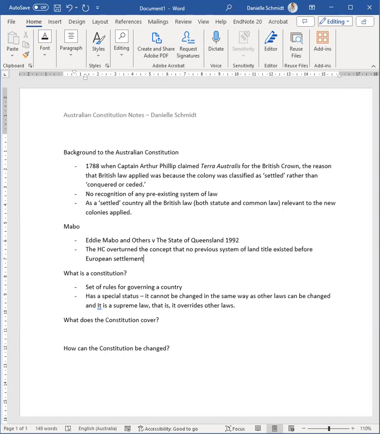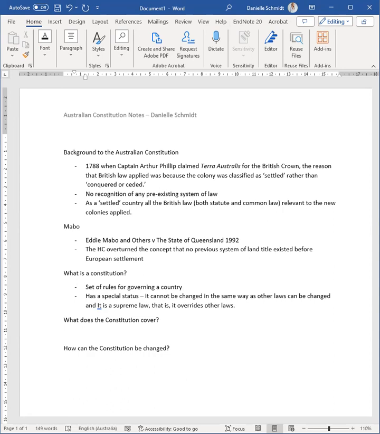And we have to make note, in 1788, they were judging it on whether there were crops, which is why they said no system of land title existed. And then in 1992, they said, actually, that was incorrect.